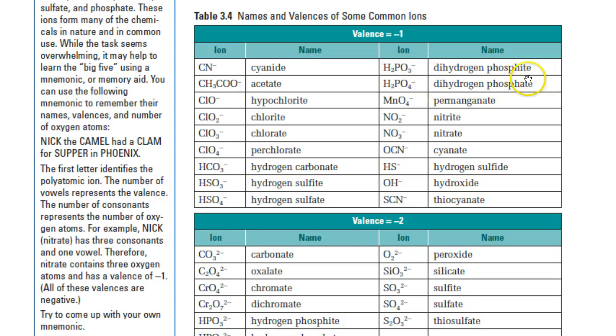So you'll have to remember that naming convention: the ate, the ite, the hypo-ite, and the per-ate. So as long as you remember those, for example, here we've got permanganate. That means MnO3 minus would be manganate, MnO2 would be manganite, and MnO would be hypomanganite.